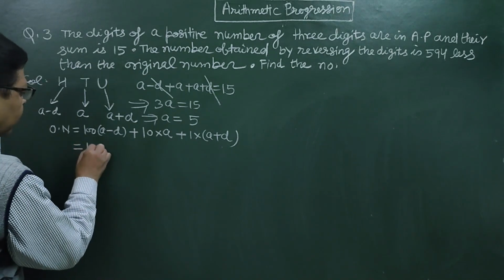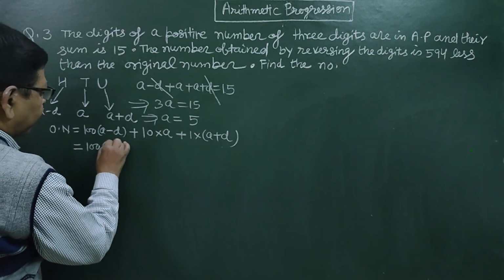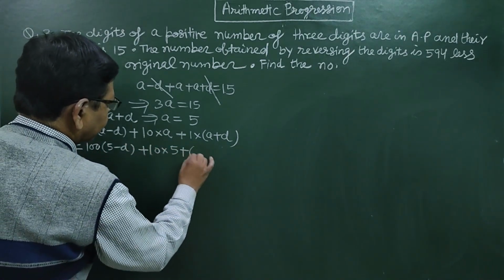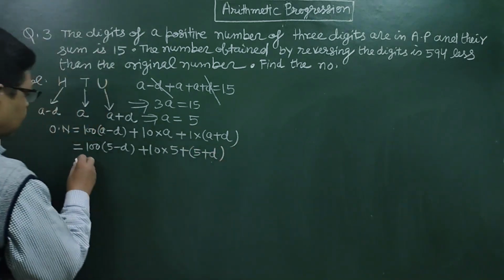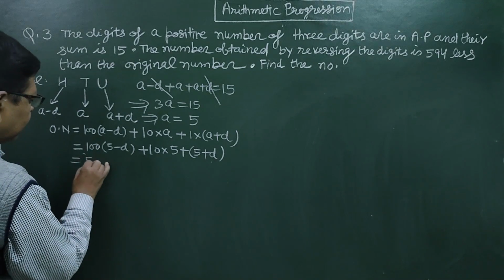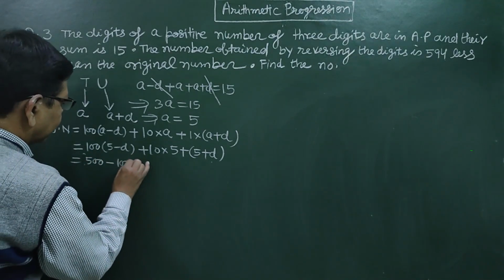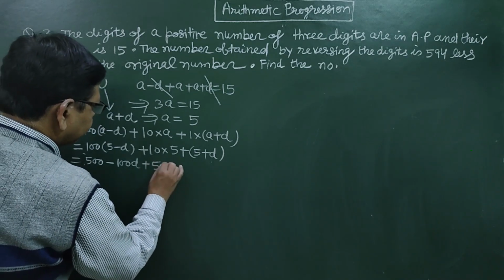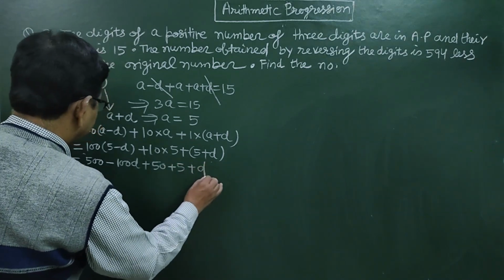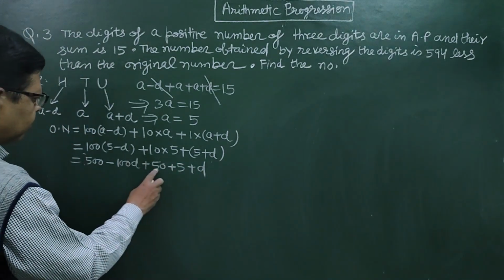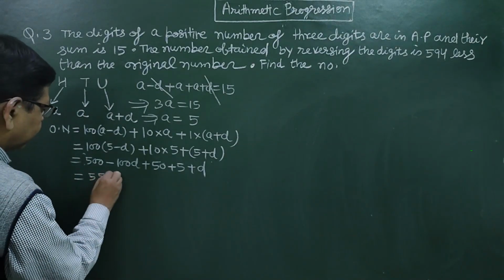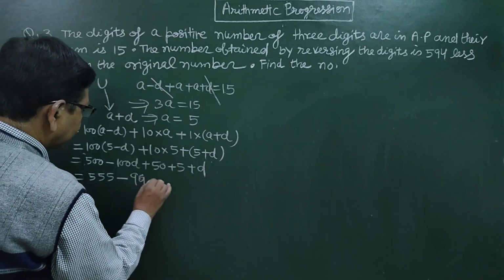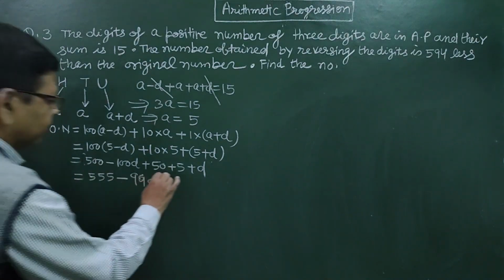That is equal to 100 into 5 minus d plus 10 into 5 plus 5 plus d, means 500 minus 100d plus 50 plus 5 plus d. So this gives 555 minus 100d plus d, which is equal to 555 minus 99d.